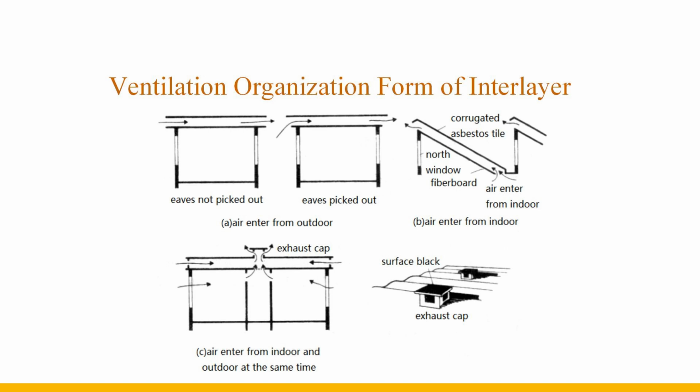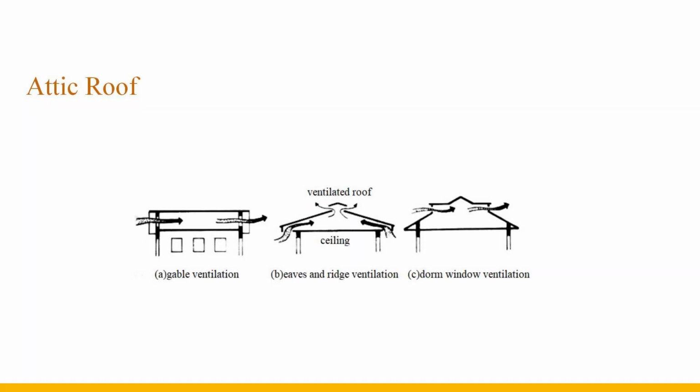And the top of the cap is painted black to increase the temperature in the exhaust cap by enhancing the absorption of solar radiation. The ventilation forms of the ventilated attic mainly include openings on the gables for ventilation, air entering from under the eaves and exhausting from the roof ridge, and dormer windows on the roof for ventilation.